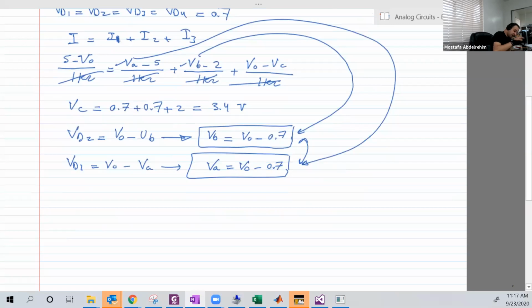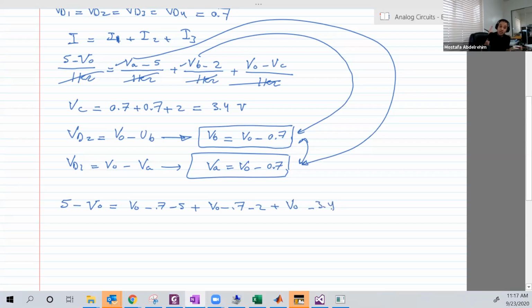If you do that, you will find yourself with this equation. 5 minus VO is equal to VO minus 0.7 minus 5 plus VO minus 0.7, which is VB, minus 2 plus VO minus 3.4.